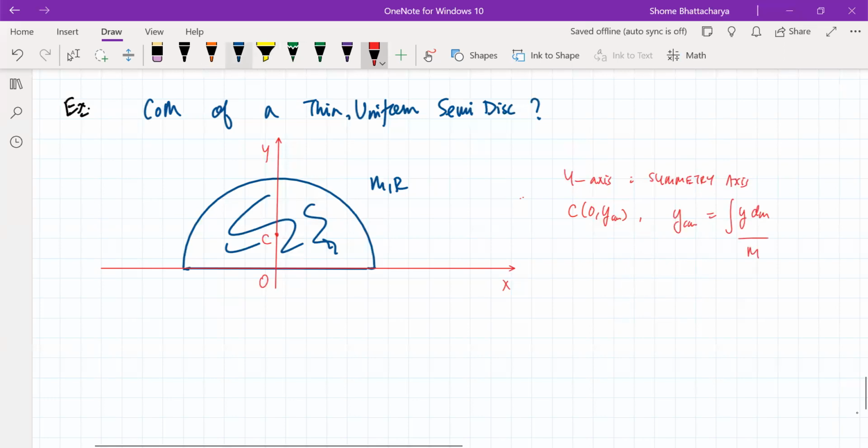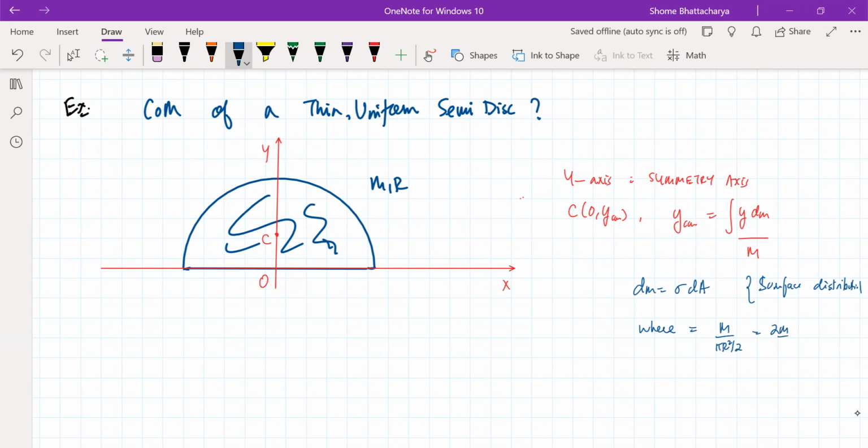But first of all, here we'll understand that dm will be an area element because this is a surface distribution. So now sigma is obviously total mass divided by total area. So that is the value of sigma, that is mass per unit area.